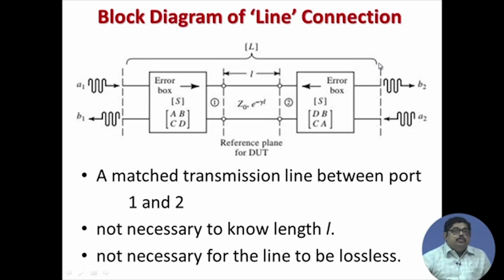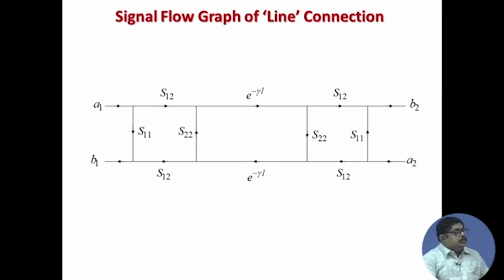So, if we know the T, R and L matrices, then we can find these error boxes completely, that we will show now. And this is the signal flow graph of the line connection, again two-port networks, with this line between them.